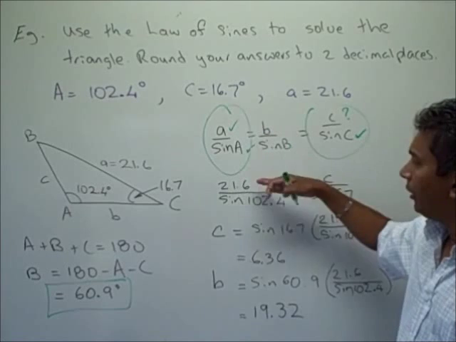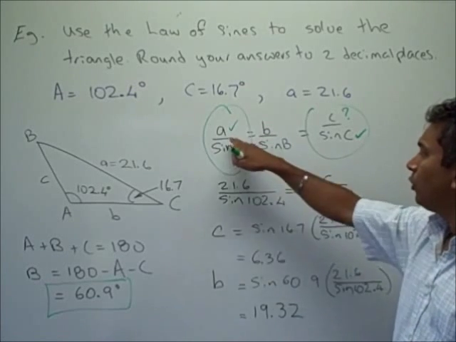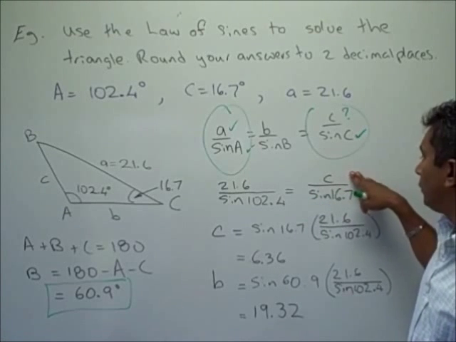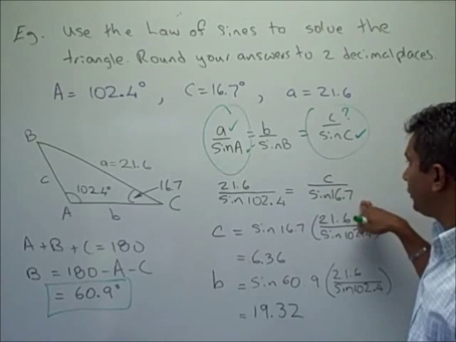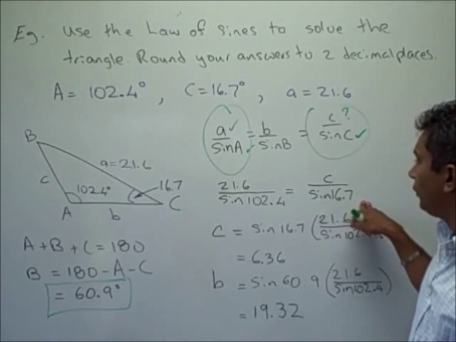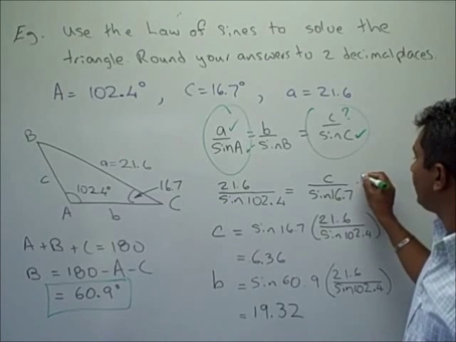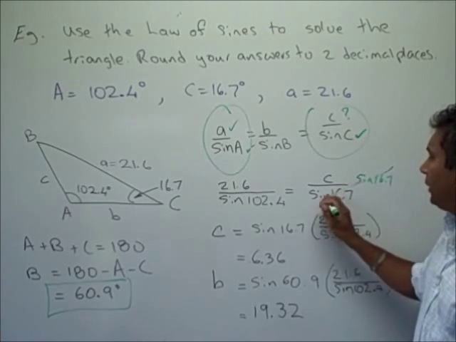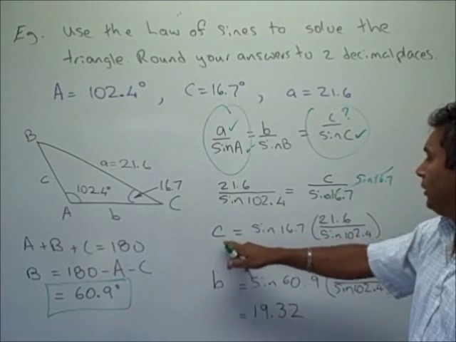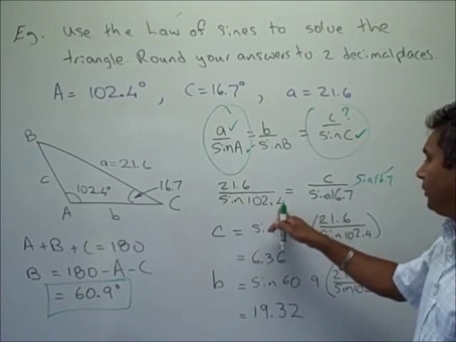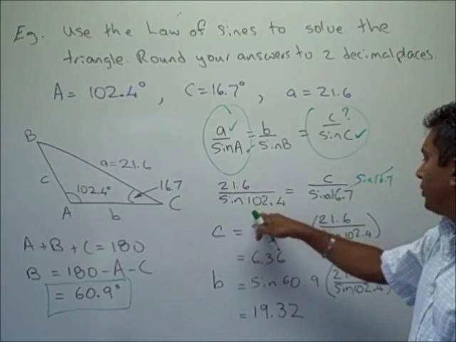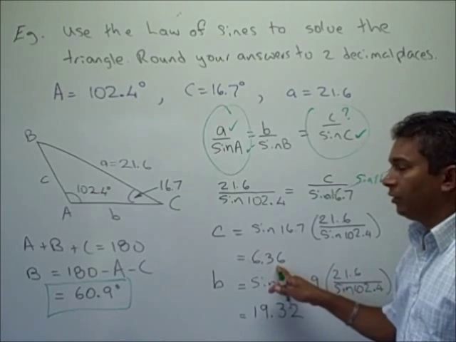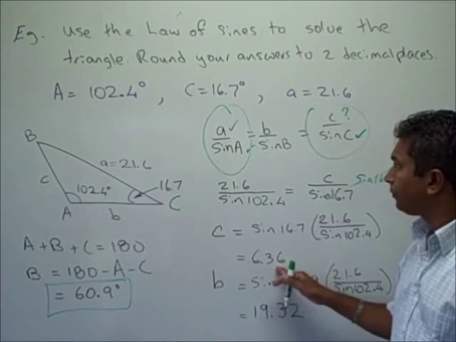So we have a, which is 21.6 over sine of 102.4, is equal to c, our unknown, over the sine of 16.7. If we multiply both sides by sine of 16.7, we eliminate this, and c is equal to sine of 16.7 times this side, which simplifies to give us 6.36 units to 2 decimal places.